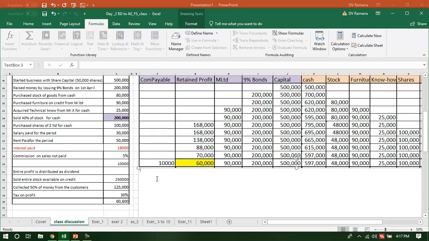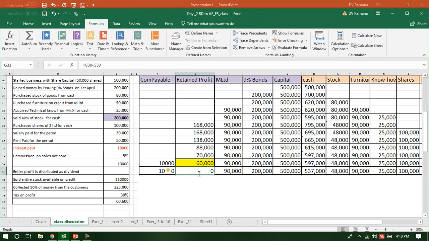If the entire profit is distributed as dividend, it's called distribution of profit. To that extent, the cash will reduce and retained profit will reduce. So retained profit will become zero. If profit is not distributed, then it remains as retained profit. If profit is distributed, then it becomes zero.